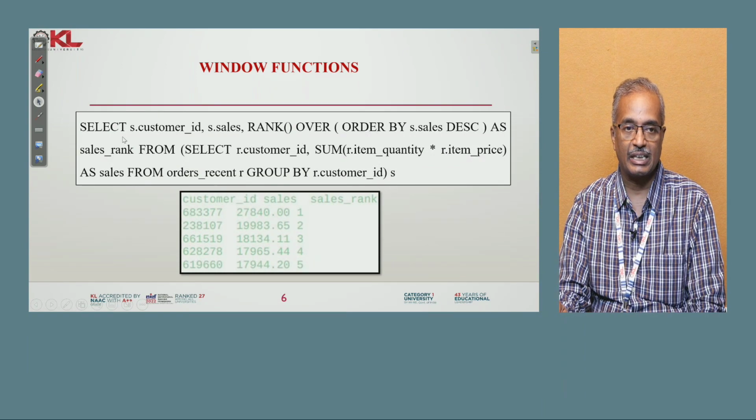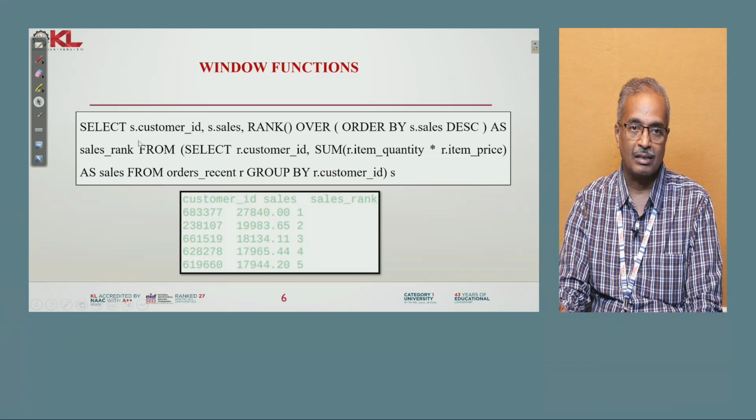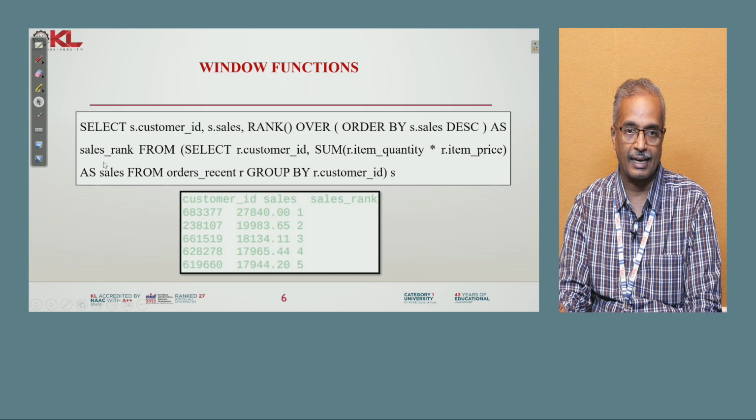By using this syntax, we use the select as usual. After that, customer ID, we take s.customer_id, next s.sales, rank over order by sales in descending order, as sales rank. The result is saved in sales rank.